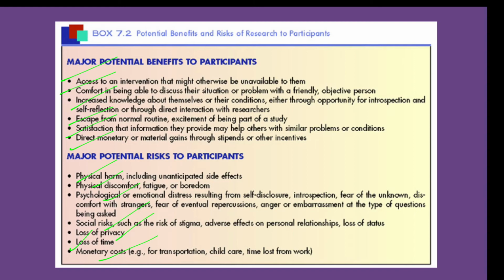You also have to honestly and correctly identify the risks that are found in the study that you are going to do, and at the same time argue that the benefits that you are going to provide the participants largely outweigh the risks, if there are at all any risks that are found in the study. So these are the important things that you must remember for creating your proposal.